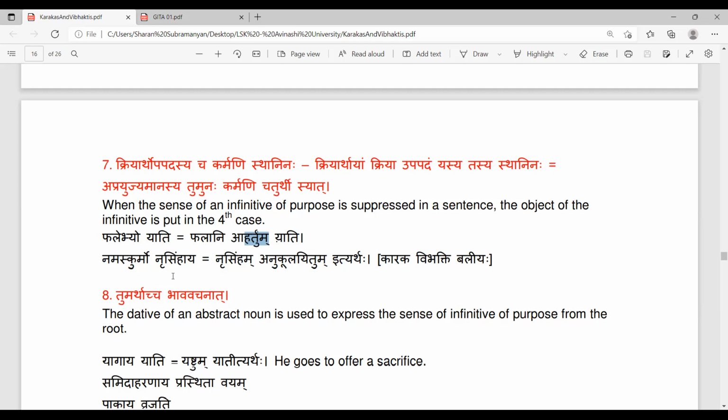That is Karaka Vibhakti. So because of which Vibhakti is Narasimha in Chaturthi, Karaka Vibhakti or Upapada Vibhakti?